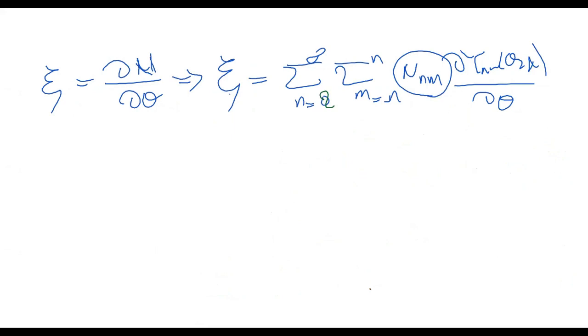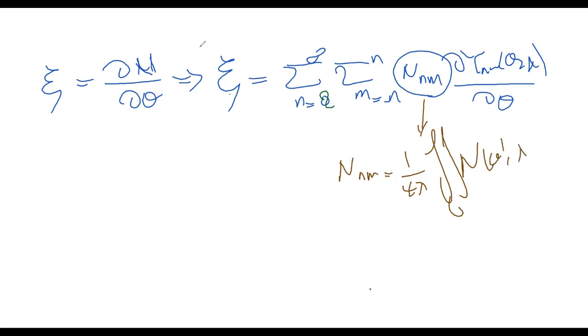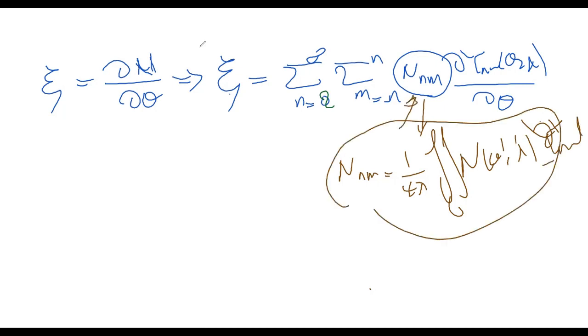The deflection of vertical. Simply, if you put for n, m is 1 over 4 pi integral N (theta prime, lambda prime) Y n m, then you insert this back inside the formula, you can find an equation like this.